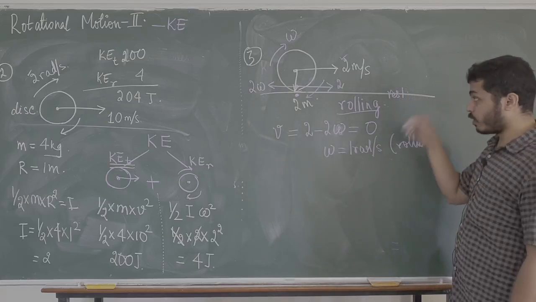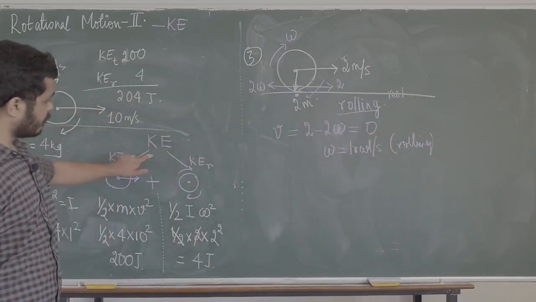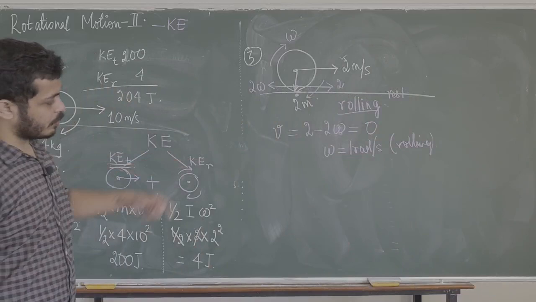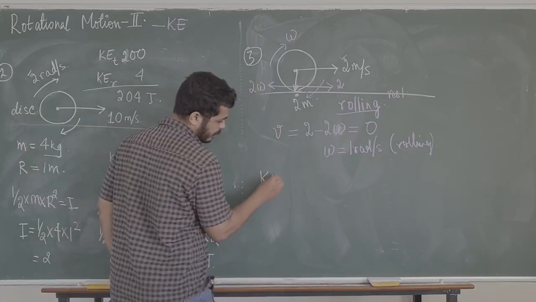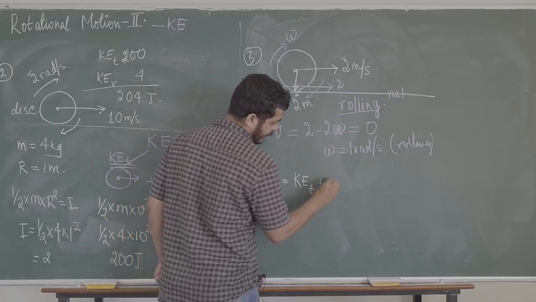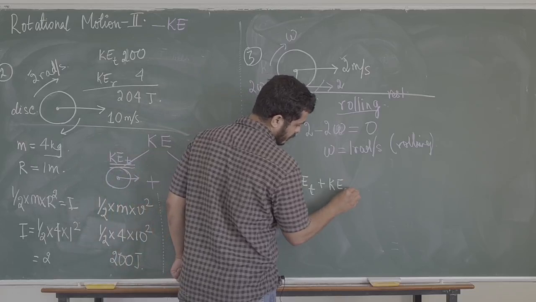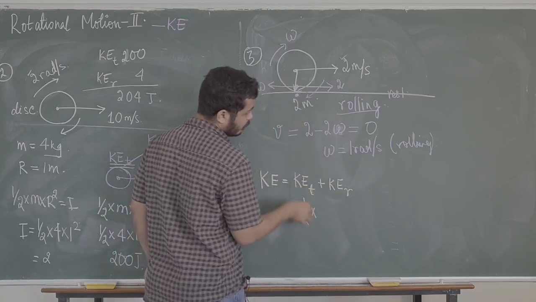Now my question is, what is the total kinetic energy? Again, total kinetic energy is because of translation plus because of rotation. So kinetic energy is kinetic energy of translation plus the kinetic energy of rotation. What is the kinetic energy of translation? Half into mass.